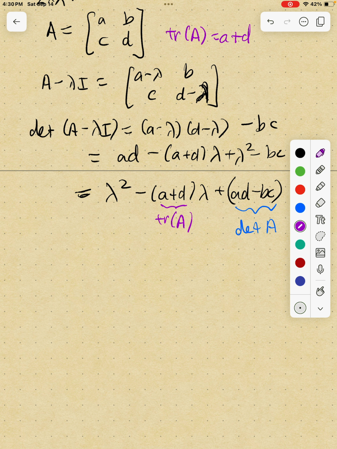So actually, you can figure out the characteristic polynomial of a matrix.